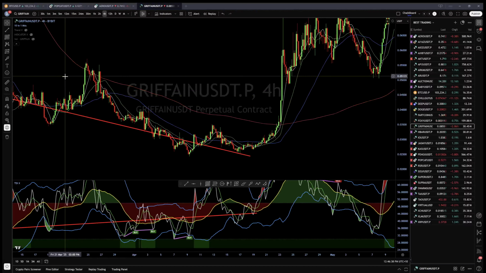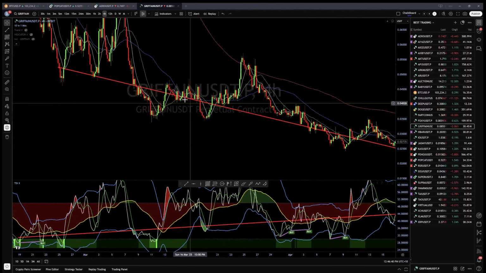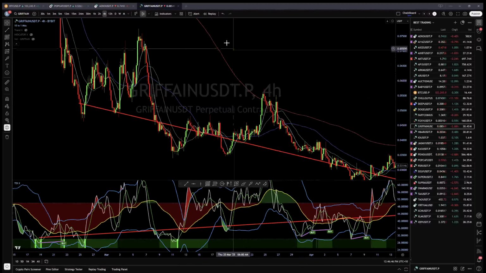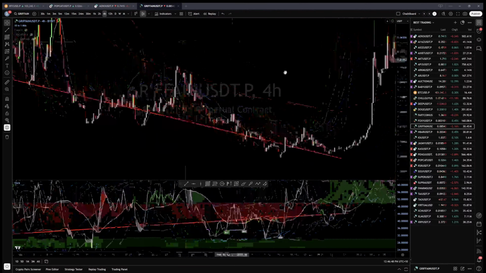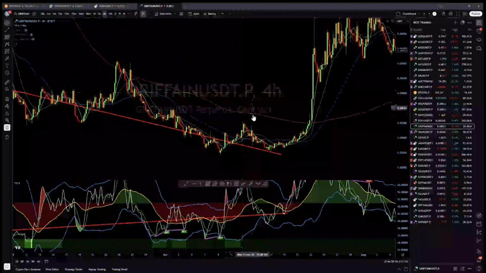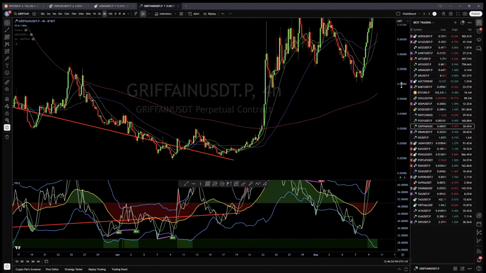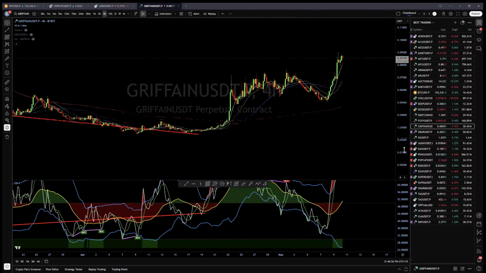Like here, you had the money flow coming up and the price went down a little. It wasn't strong enough because it was coming down so fast and was so far away. But here it's getting closer, and that's how you identify where you get the swing entry.